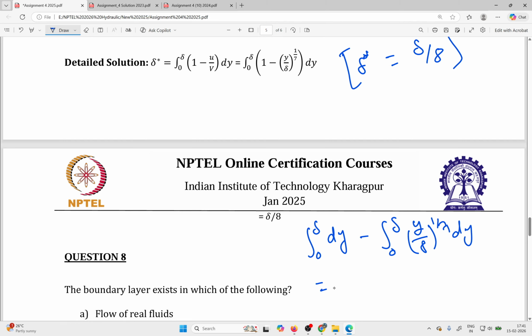So now you can write here: you will get y minus y to the power 1 by 7 plus 1, divided by 1 by 7 plus 1, times delta. And when you put y is equal to delta, then you will finally get delta by 8. Okay, so now we'll move on to the next question.